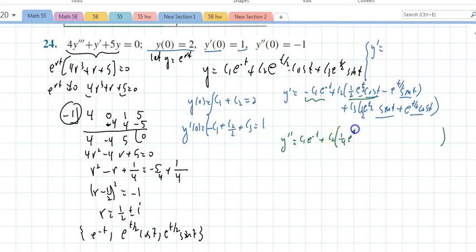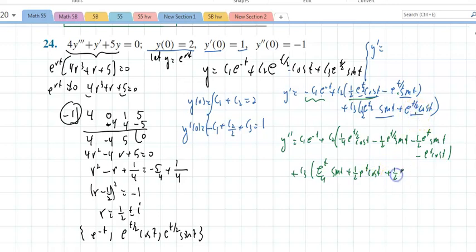That will be 1/4 e to the t over 2 cosine of t minus 1/2 e to the t over 2 sine of t minus, product rule, 1/2 e to the t over 2 sine of t minus e to the t over 2 cosine of t, plus c sub 3 times e to the t over 4 sine of t plus 1/2 e to the t over 2 cosine of t plus the product rule, 1/2 e to the t over 2 cosine of t plus minus e to the t over 2 sine of t. And if I take y double prime of 0, let me see what I get.